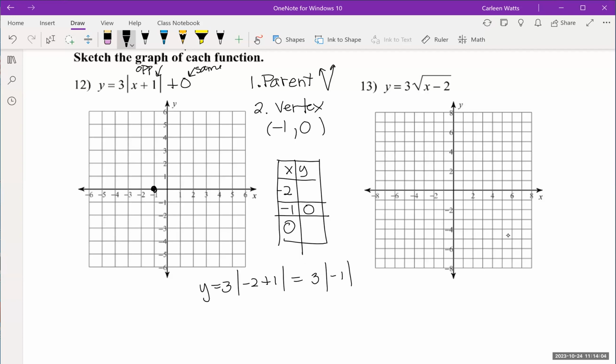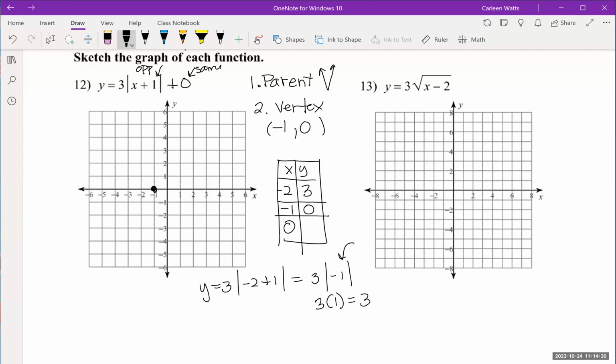Okay, what do I do next? This is where everyone makes the mistakes. The absolute value, what's the absolute value of -1? Yeah, do we see that that's 3 times 1 equals 3? So this one's 3.